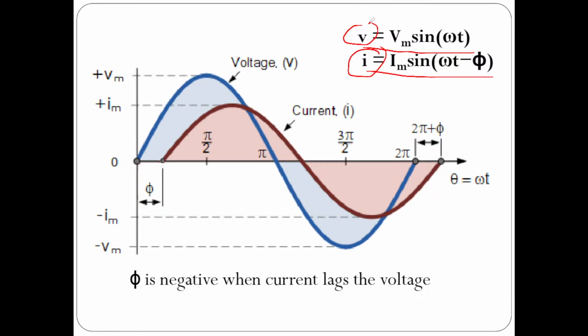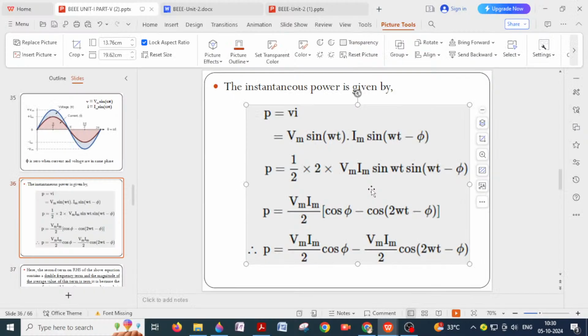Now multiply and divide this equation by 2. Vm and Im are constants, so you can keep them aside. So Vm Im by 2 into 2 sin omega t sin(omega t minus phi). You can rewrite this as cos phi minus cos(2 omega t minus phi).